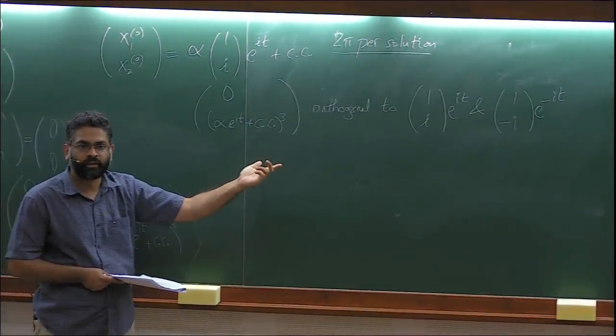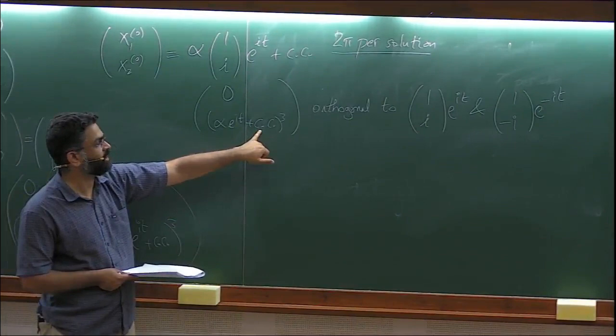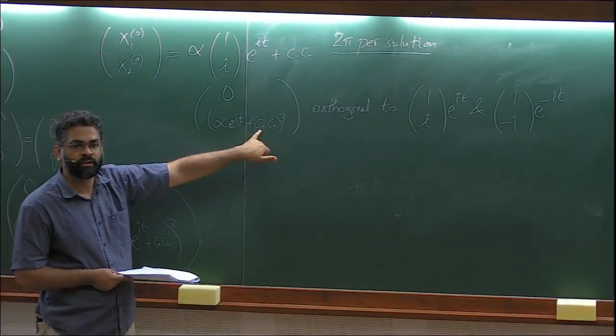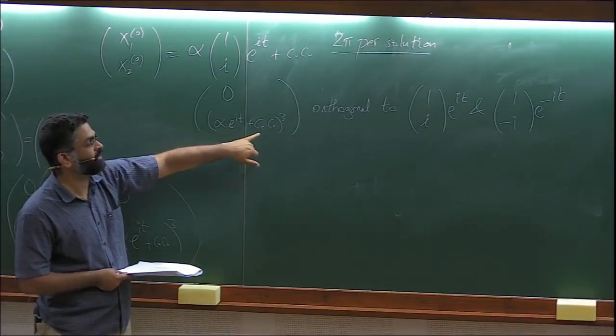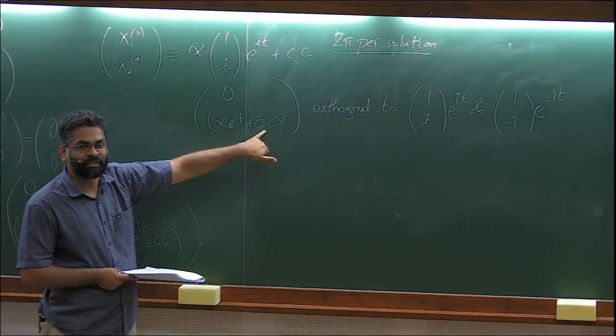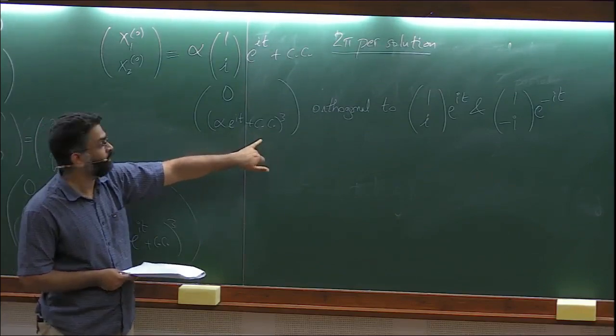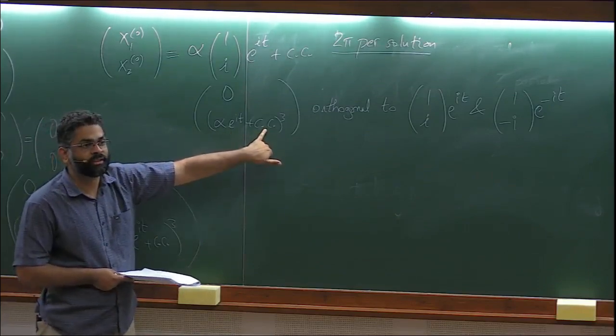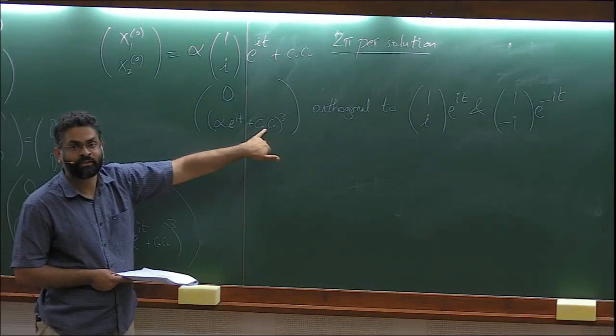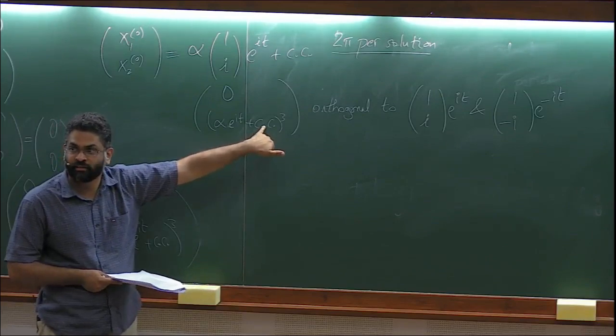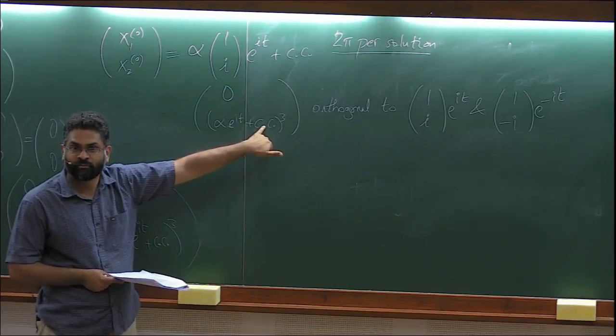Those are the only options you'll get, because of this complex conjugate, right? So if you take 2 of these and 1 of these, that's an e to the it. If you take 1 of these and 2 of these, that's an e to the minus it. And if you take 3 of these, you get e to the minus 3it. Everyone okay with that calculation?